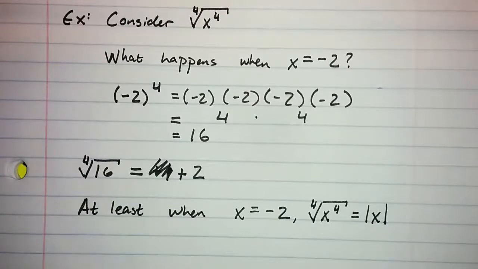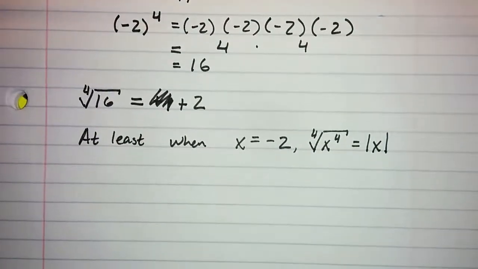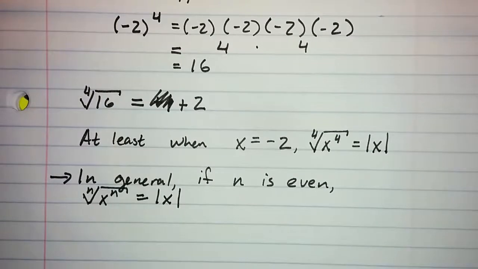Well, yeah. For any negative number, the 4th root of x to the 4th is going to be just the positive version of that number. What about positive numbers? Absolute value doesn't do anything to them. So yes, in general, if n is even, the nth root of x to the n is the absolute value of x, not just x.